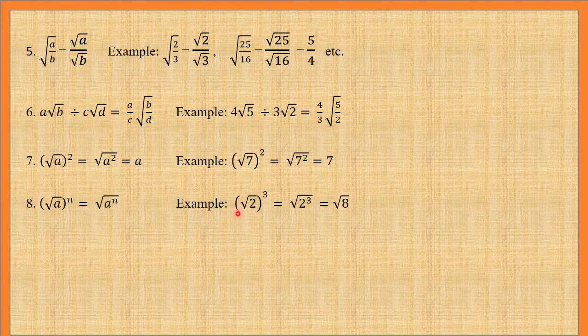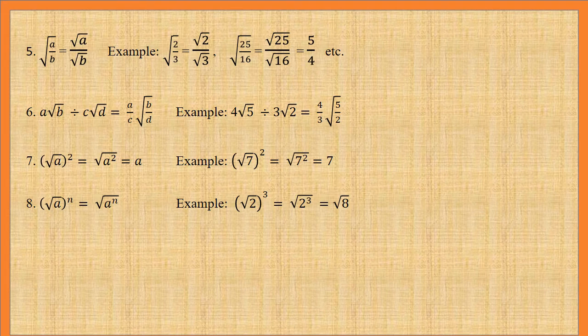For example, square root of 2 exponent 3 is equal to square root of 2 exponent 3, which is equal to square root of 8, because 2 exponent 3 will be equal to 8. Then you can now simplify this one.